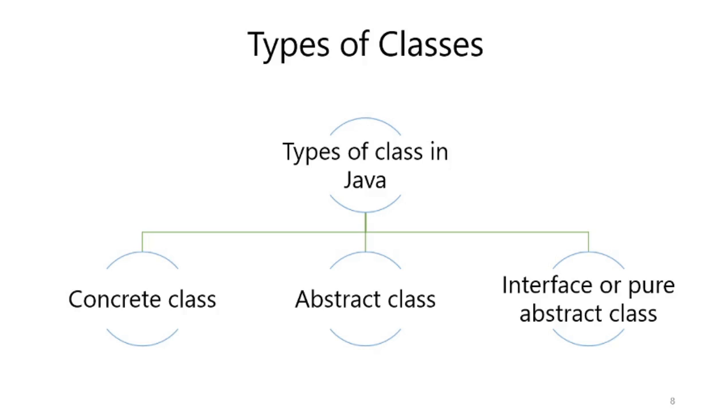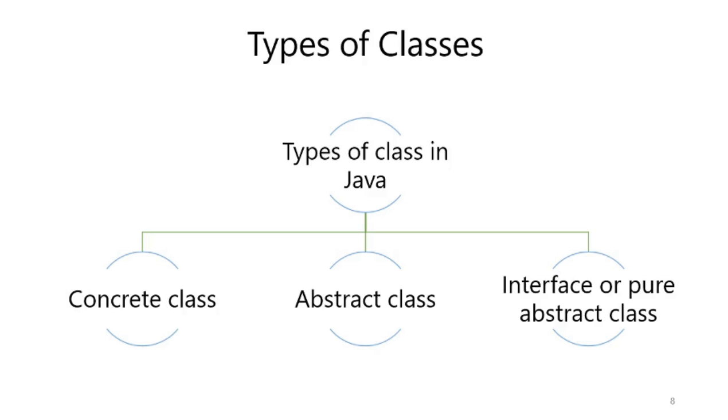So abstract class, kindly note, is an incomplete class which cannot be instantiated. It is used for declaration of the members, and abstract class is used in inheritance. In C++, if you want to declare an abstract class, then you can write some methods as virtual.